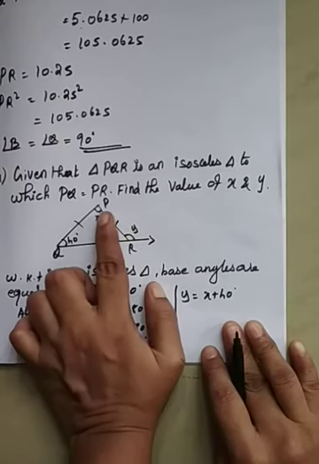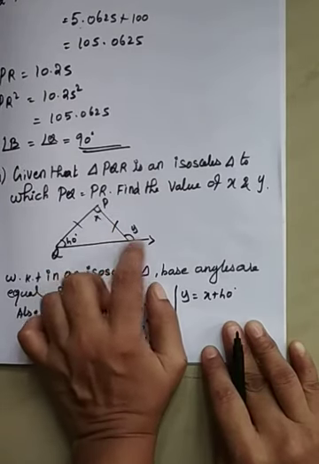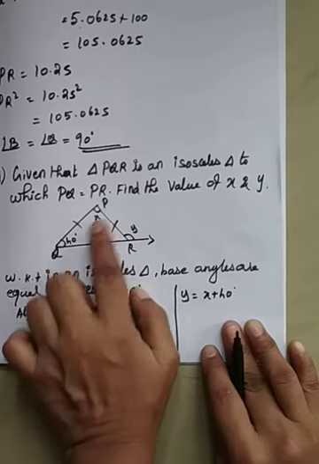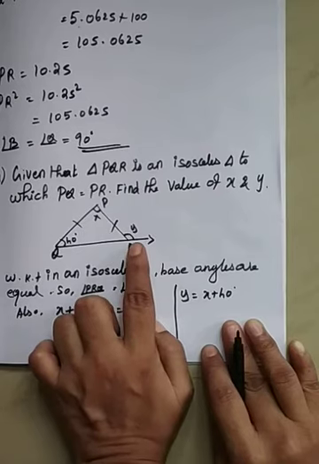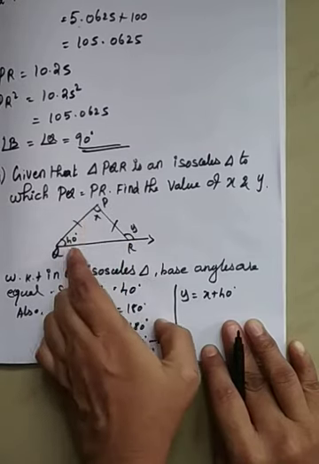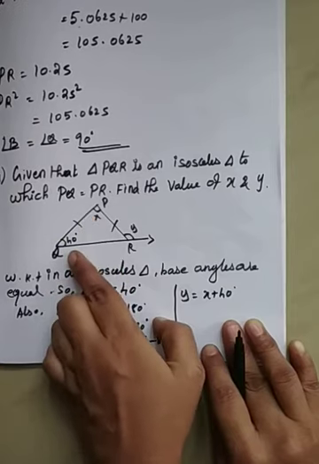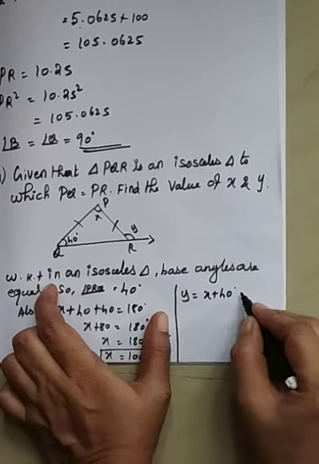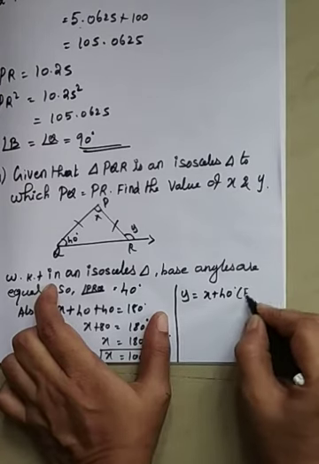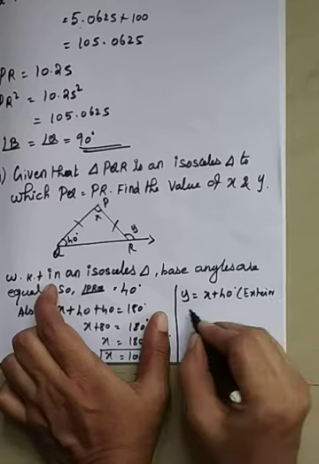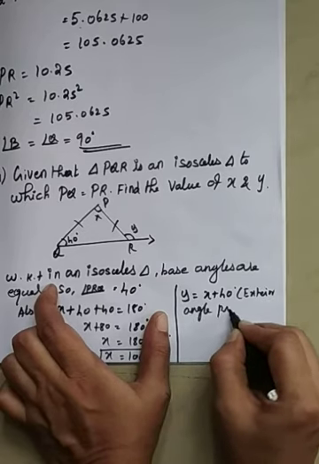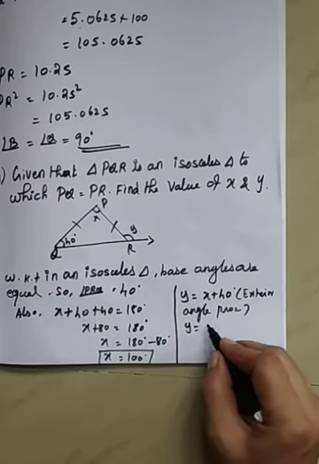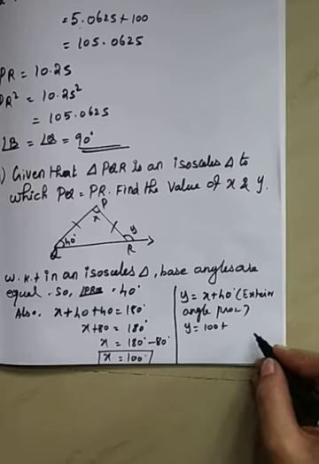What is the x value? Just now you found 100, so 100 plus 40.